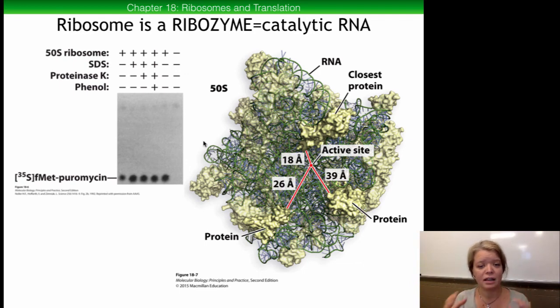So it was the RNA, that was the real proof. It was the RNA that was able to catalyze this reaction, and not any of the proteins inside the ribosome.